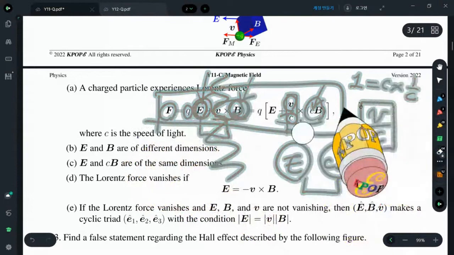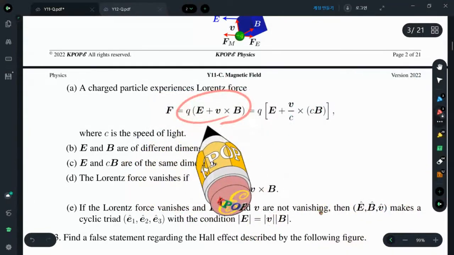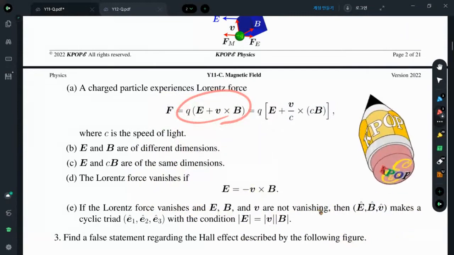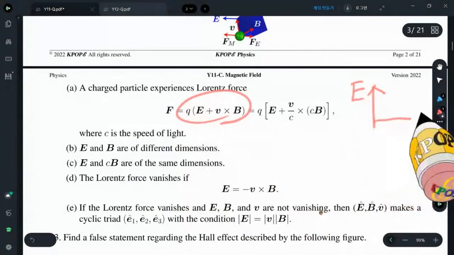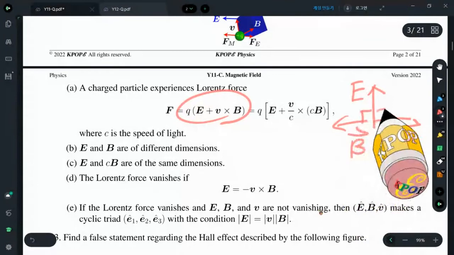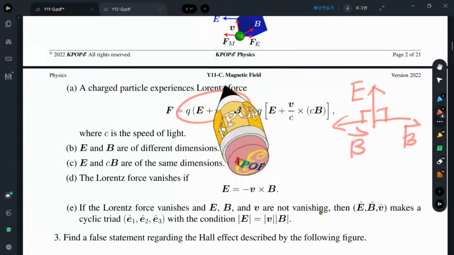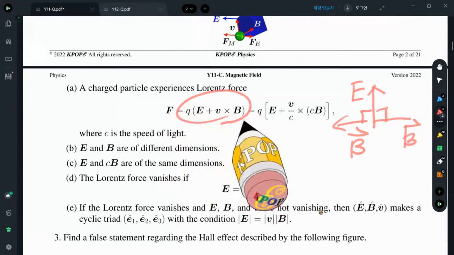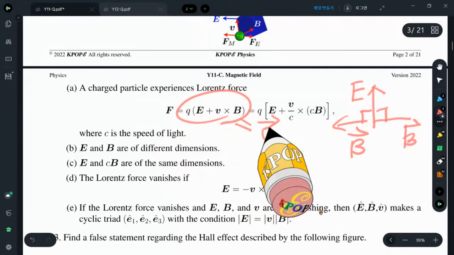So for the time being, forget about this and just concentrate on this term. We have across the field, E field and B field, either this or that, they are perpendicular to each other. In that case, we can think about the situation that electric force and magnetic force cancel exactly.